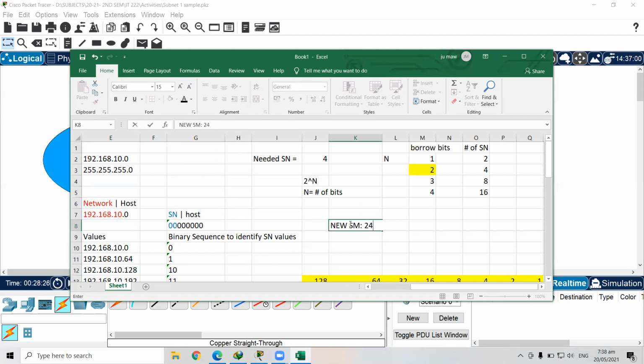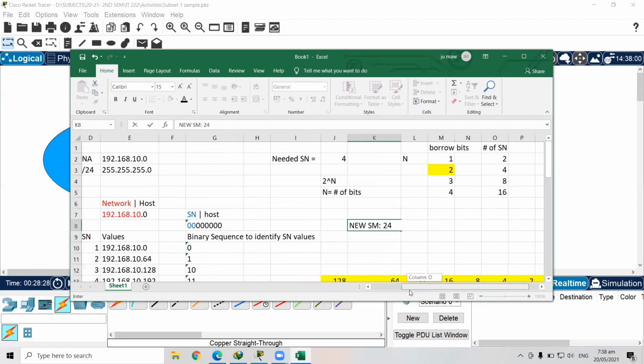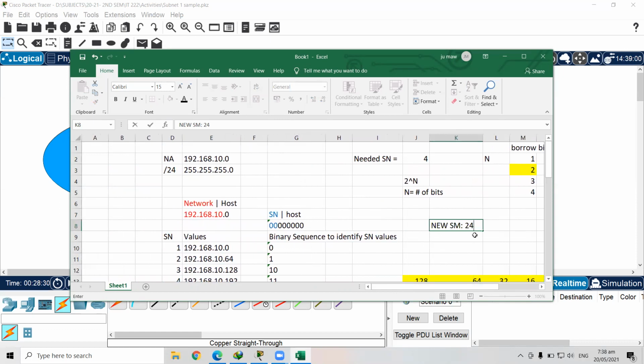Di ba 24 yon? Plus 24. Plus, yan yung bits na na-borrow mo, 2. So, plus 2, that will be your new subnet mask will be /26.